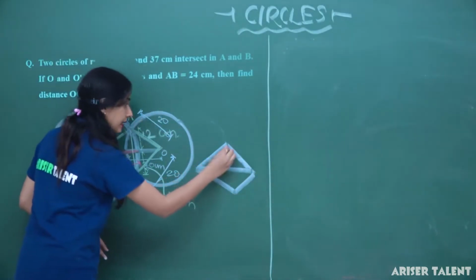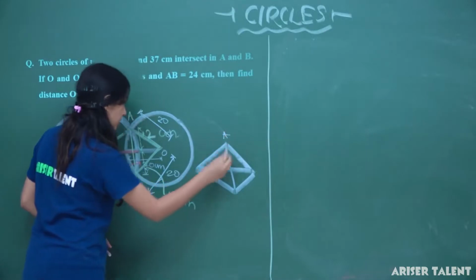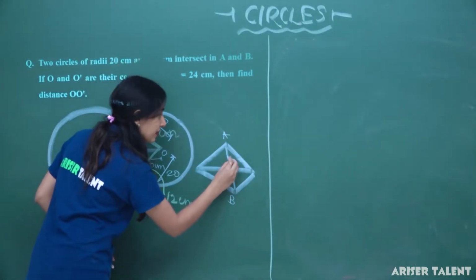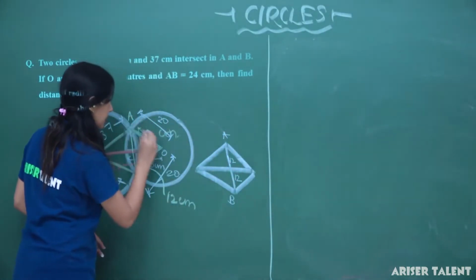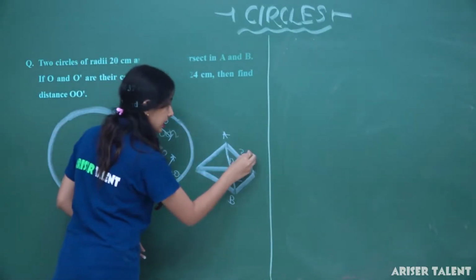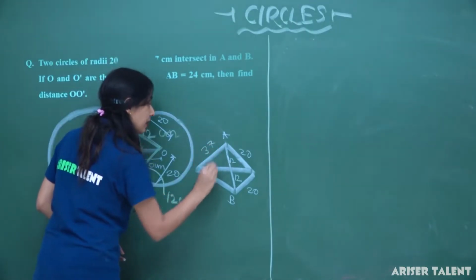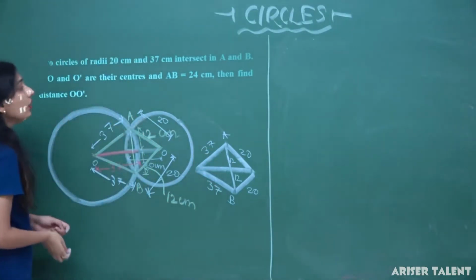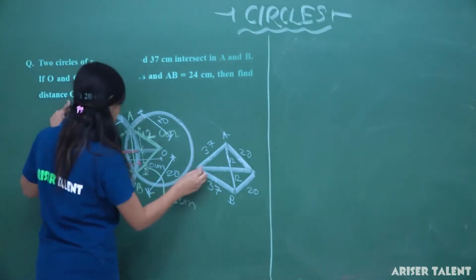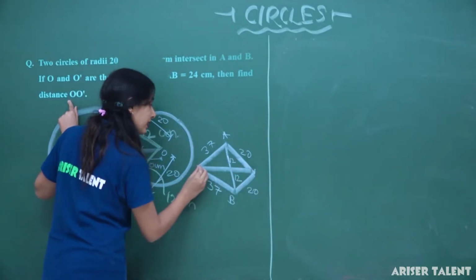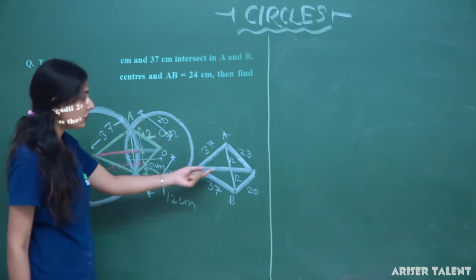If you pick out this diagram, you will have this situation. You are given this 12 and this 20, this 20, and here you are given 37 and 37. Now you have to find the distance O and O dash. How will you find this distance?